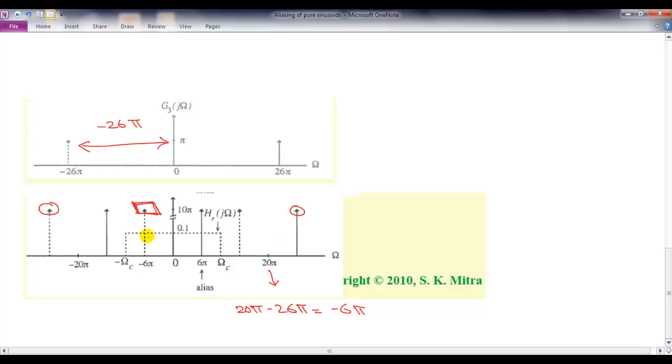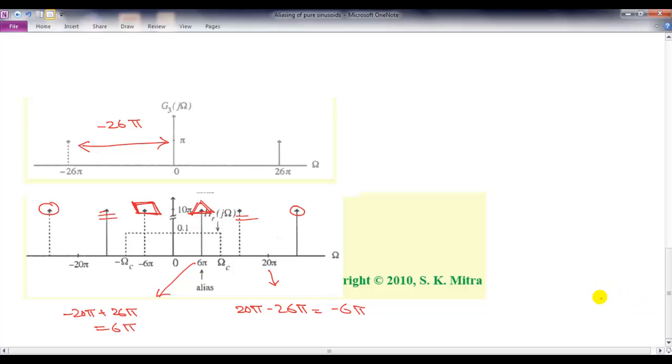And if I look at the copy centered at minus 20 pi, the triangle that I get is here, because minus 20 pi plus 26 pi equals 6 pi. And these are coming from the copies even further ahead, because you have these repetitions.